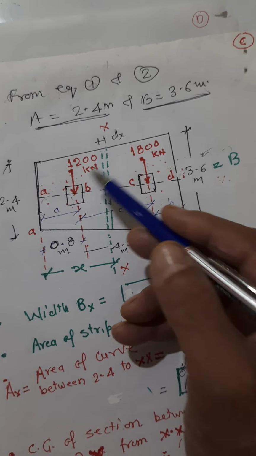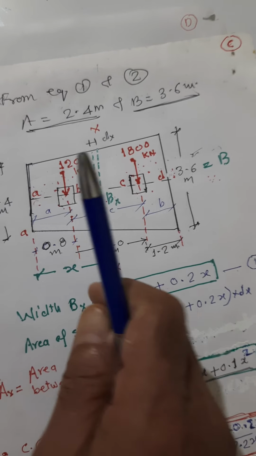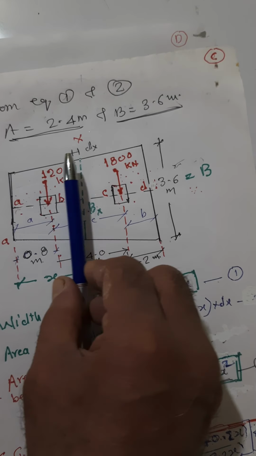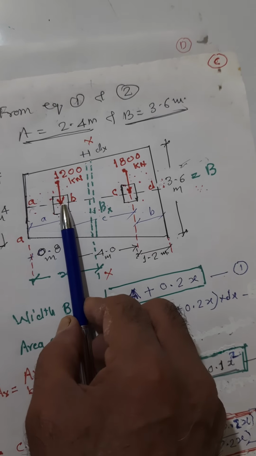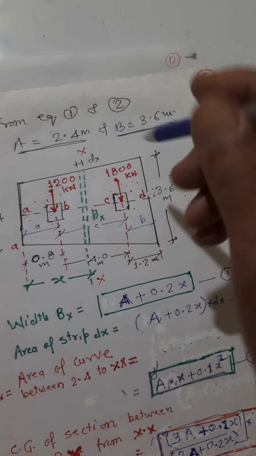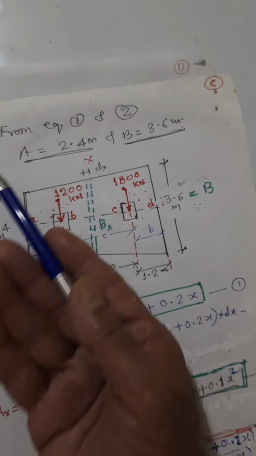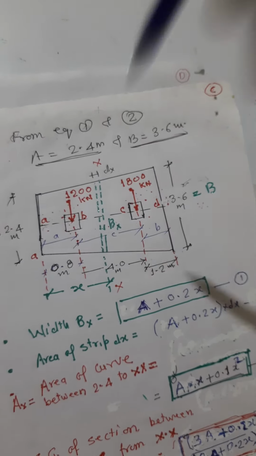That is the shear force. But this is only applicable up to a certain part. As soon as I am crossing this, this load of 1200 kilonewton is to be subtracted. This is upward pressure of the soil, and this is downward force because of the load.